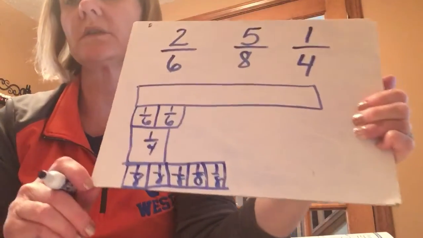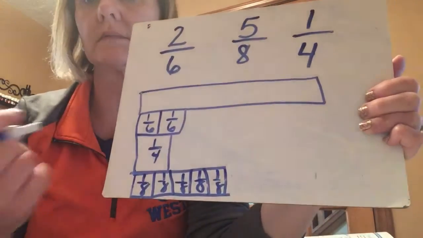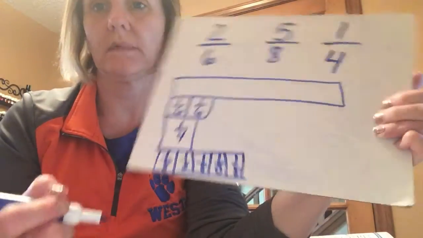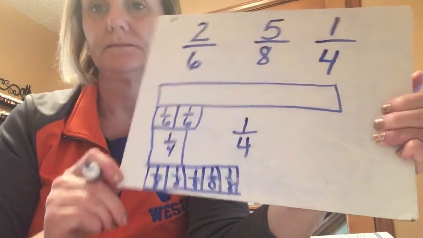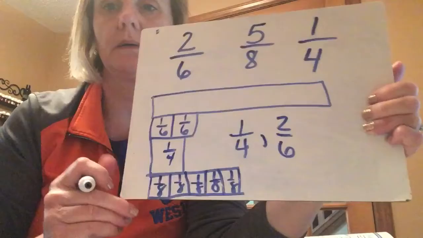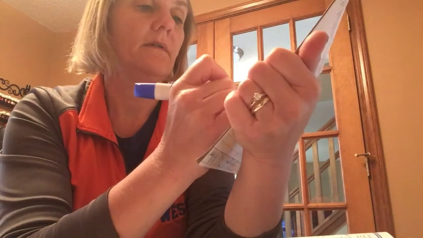And it's a little bit easier to look at like that. Well, I just copied my fraction table and did it like that. So which one would go first? Obviously, if you look, 1/4 is the shortest. Then it would go 2/6. And then it would go 5/8.